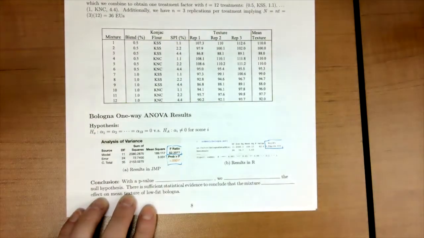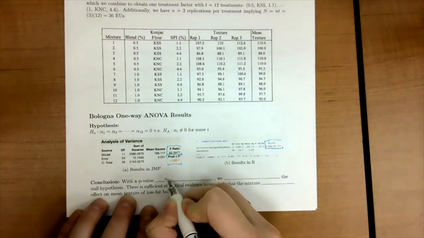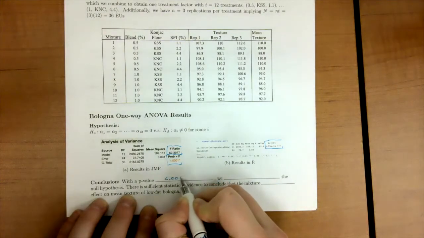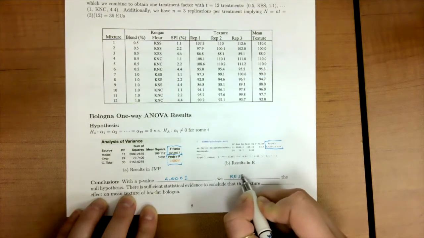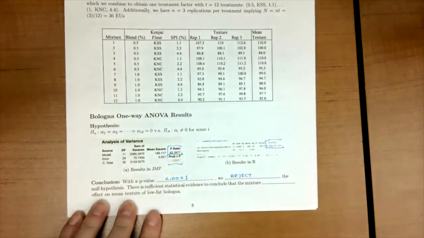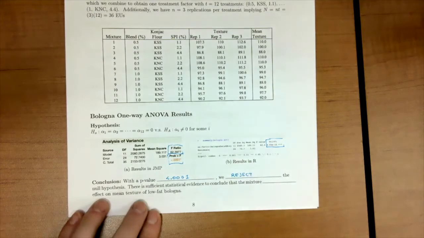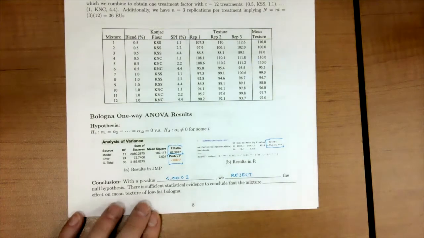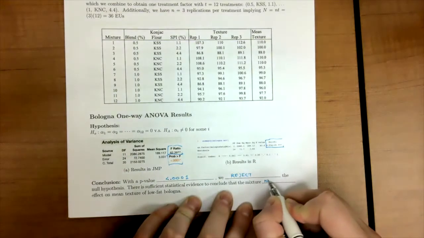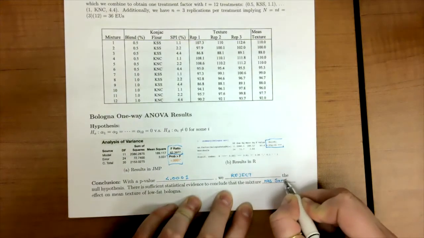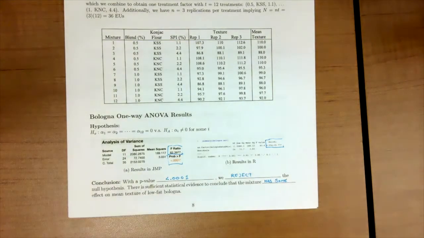With a p-value less than 0.0001, we will reject the null hypothesis, saying there is sufficient statistical evidence to conclude that the mixture has some effect on the mean texture of low-fat bologna.